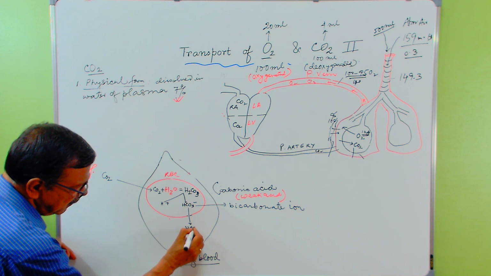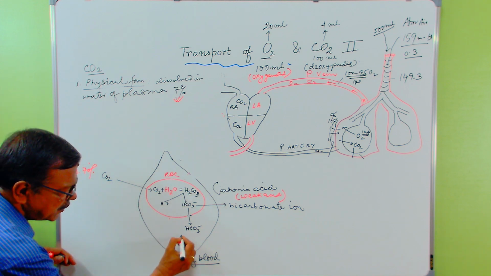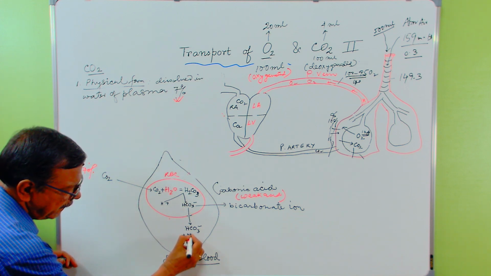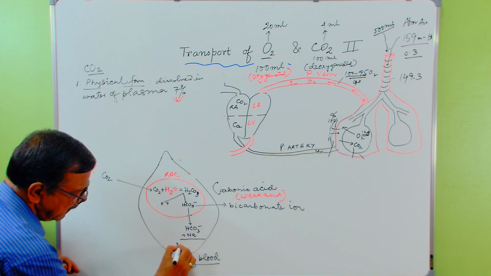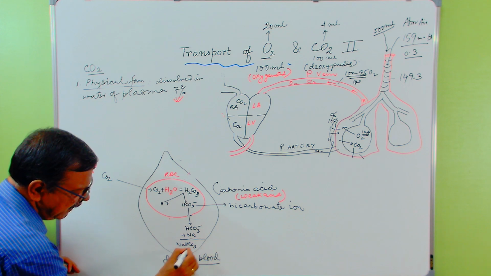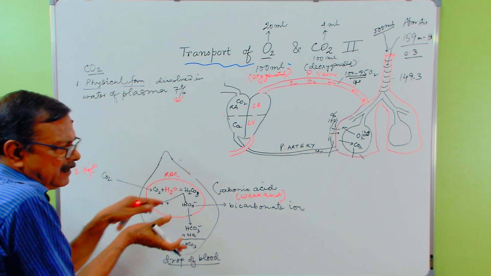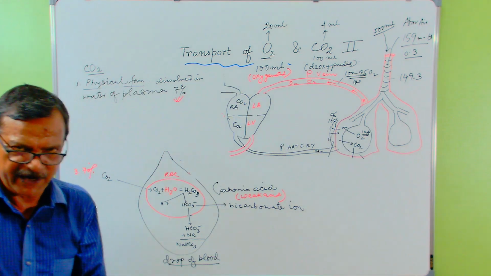HCO3 minus joins with Na and produces NaHCO3, and is carried to the lungs for emptying their contents.